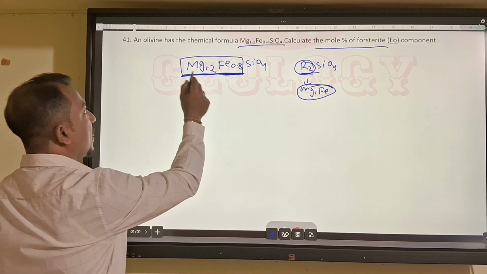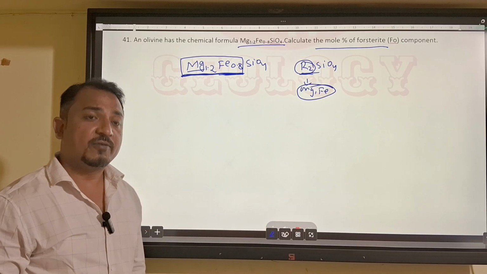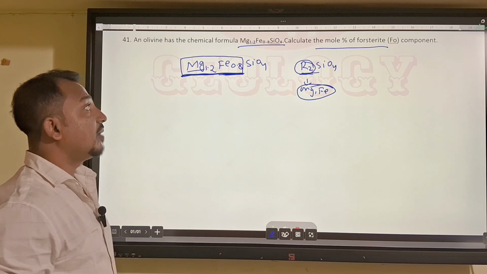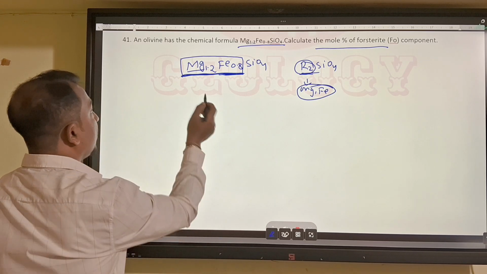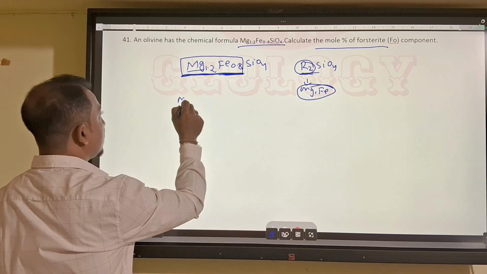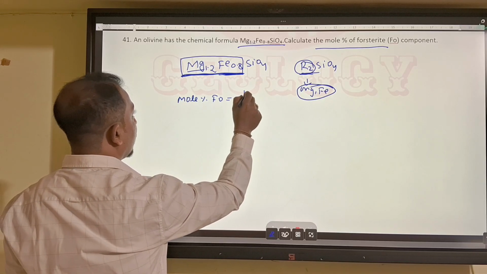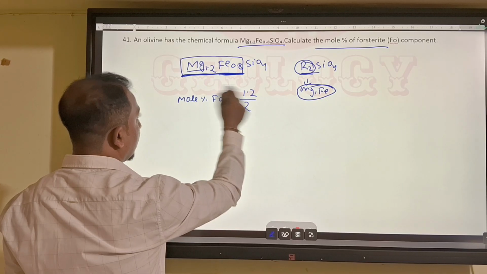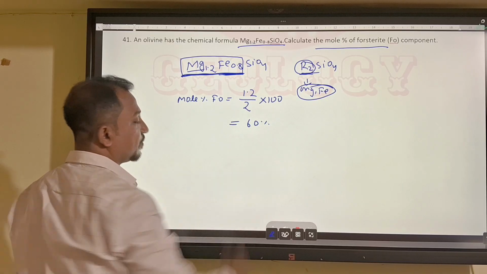Of this, Mg contributes forsterite and Fe contributes fayalite. So the mole percentage of forsterite will be 1.2 divided by the whole, which is 2, into 100, that is 60%.